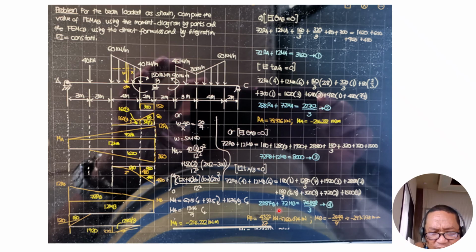Simplifying, that's 288 RB plus 72 MB equals 74,848 over 3. Call that equation 4.